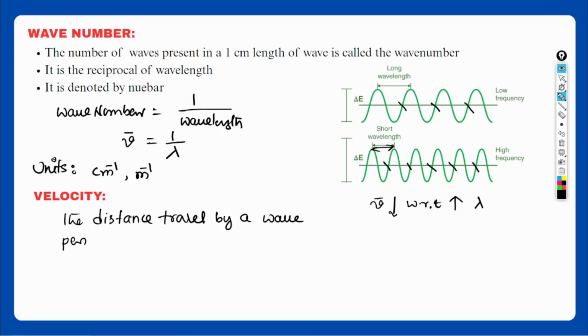Any electromagnetic radiation travels with the velocity of light. c is equal to 3 into 10 power 8 meter per second.